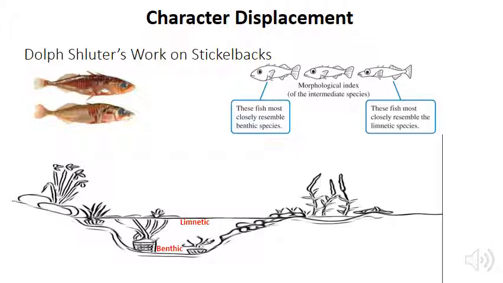There are benthic species that look like the fish on the left of that diagram, which feed in the lower levels and almost the sediment of lakes. And then at the other end of the spectrum are limnetic species, which look morphologically like the fish on the right-hand side, and they feed in the upper levels of lake environments.